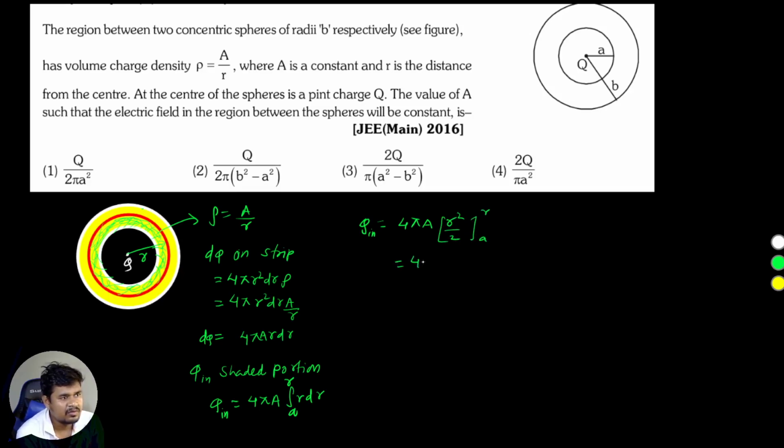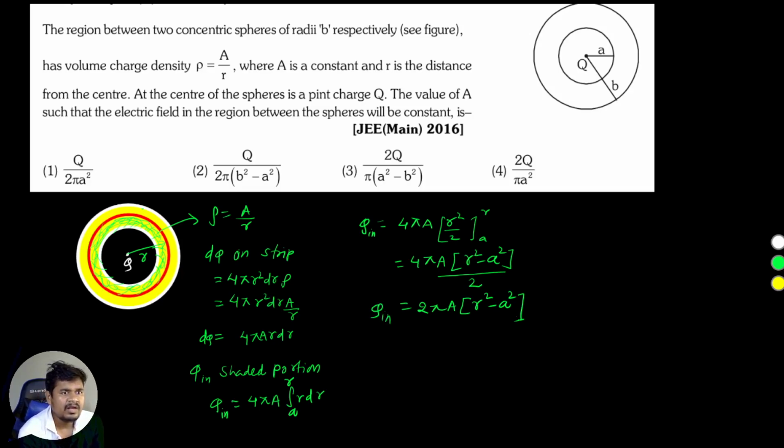So this is 4 pi a times r square minus a square by 2, that is 2 pi a times (r square minus a square). So this is the charge in the shaded portion.